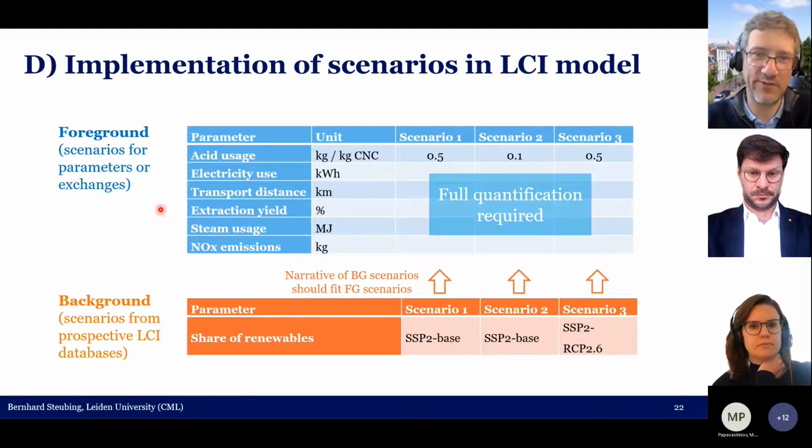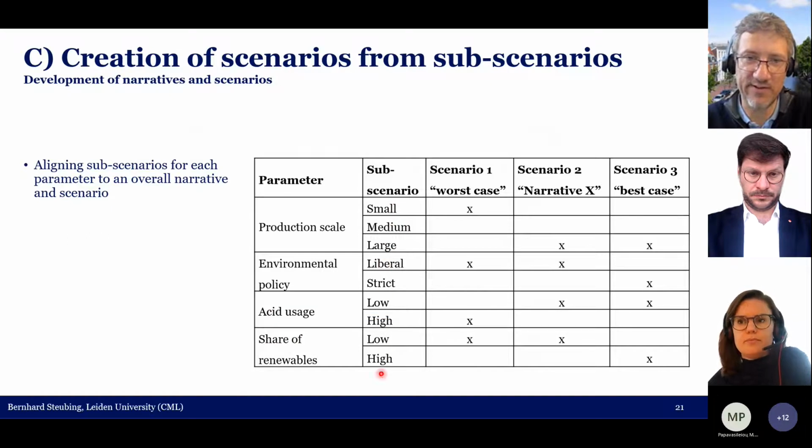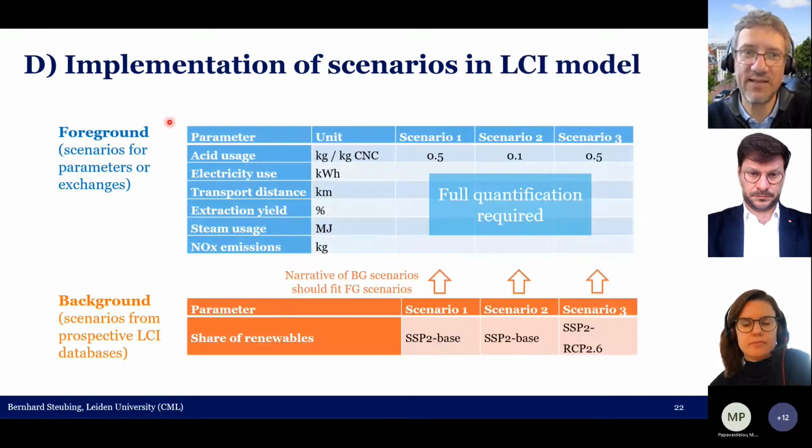At some point, we need to quantify all of the parameters that we include in the LCI model. So we could also, instead of writing small, medium, large, already write the values here. That would also be a possibility. At the latest here, when we pass on this data to the software, it has to be quantified.